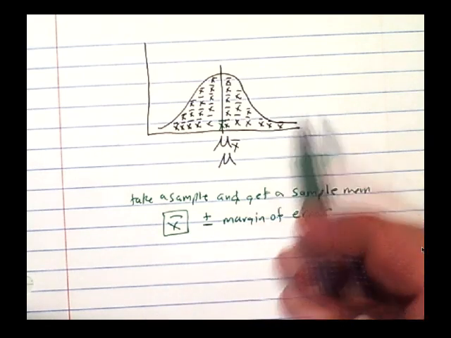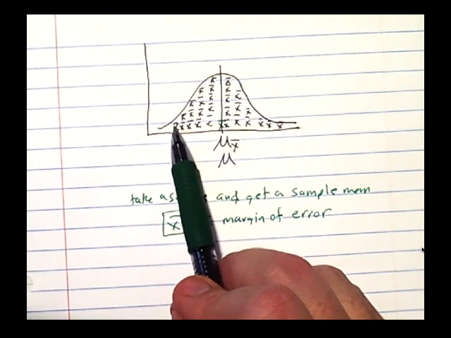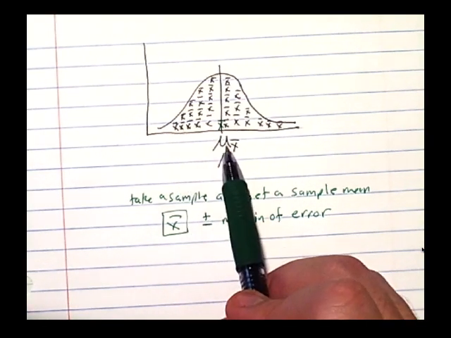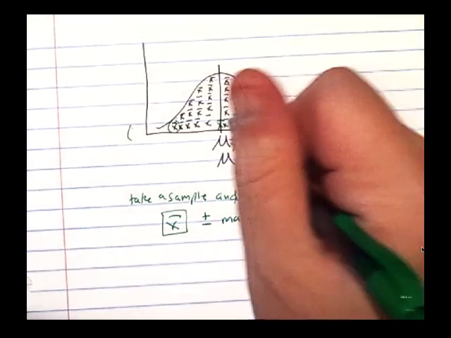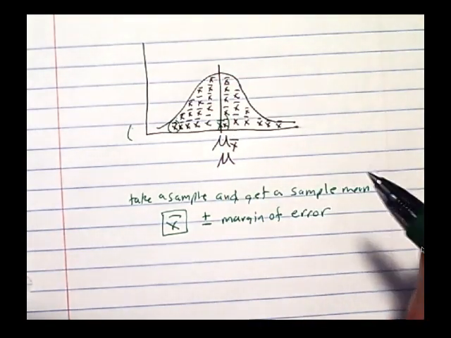Because I don't know if this x-bar is really close to the population mean, I need to take this x-bar and go a certain distance to the left and a certain distance to the right.